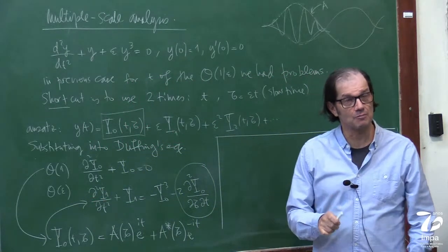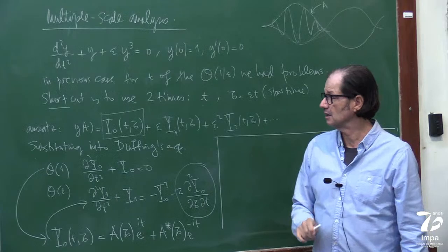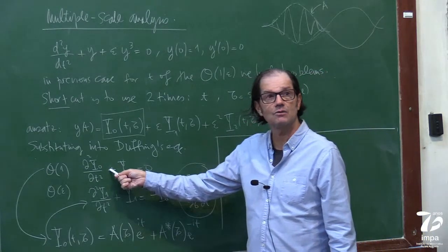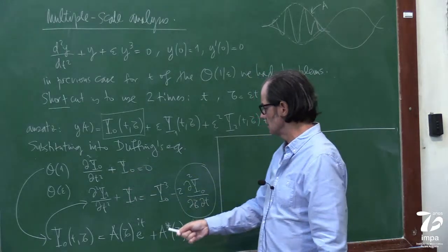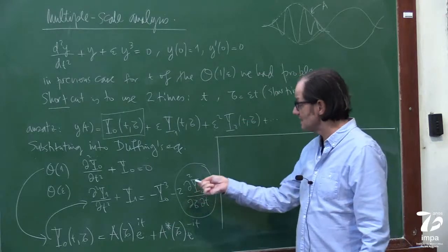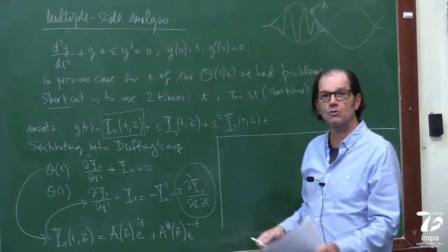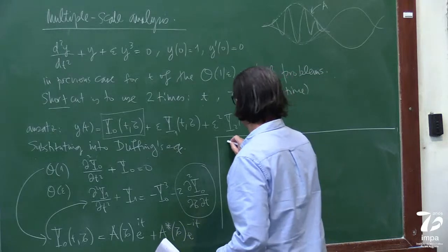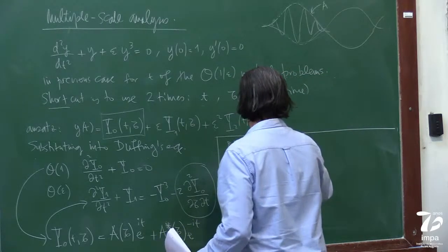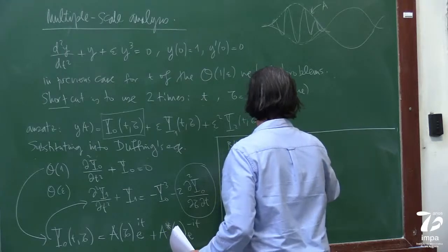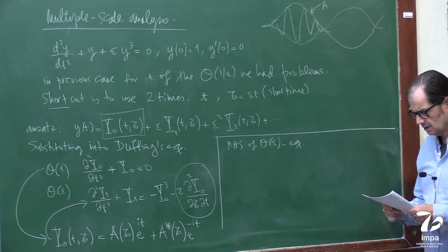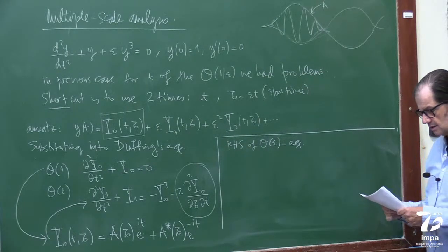Okay, so the story is, let me repeat the story because I motivated slightly too fast: I solve this guy, which has already new ingredients, and I get this. Now I plug this into this guy that has this new ingredient, and I'm going to write the right-hand side. So the right-hand side of the order epsilon equation. Okay? And it looks like this.